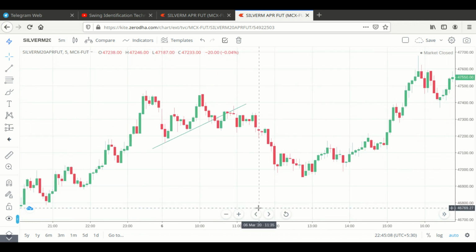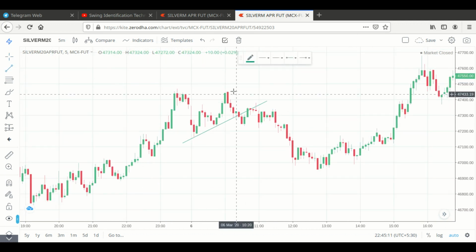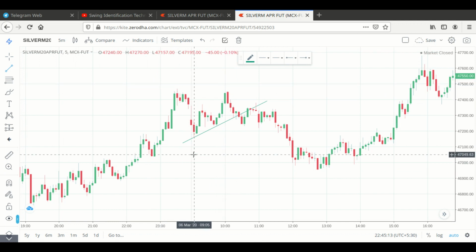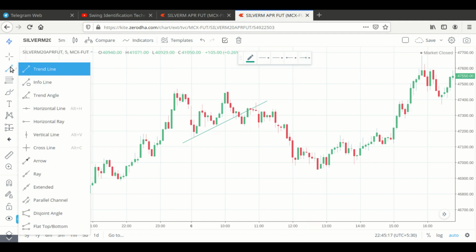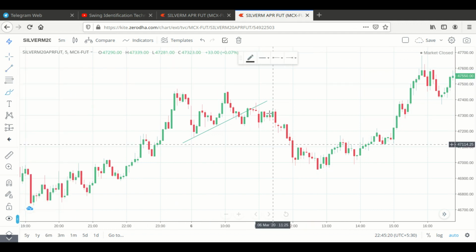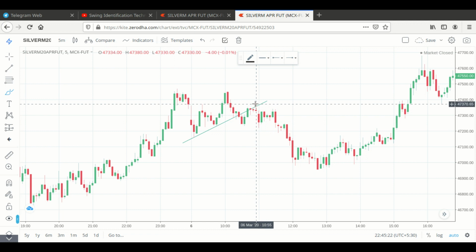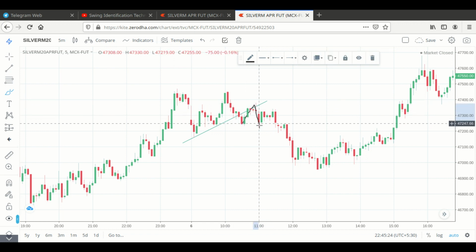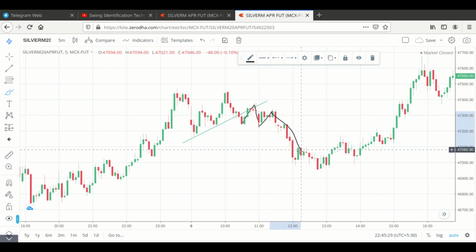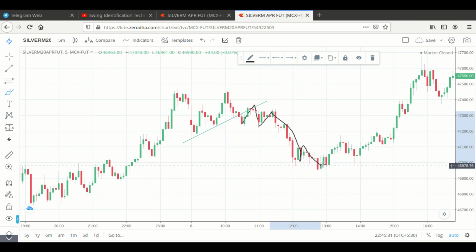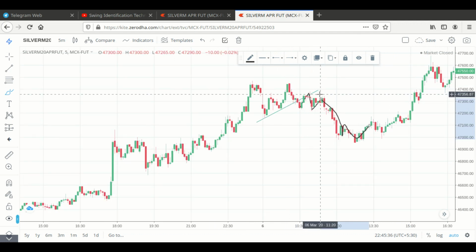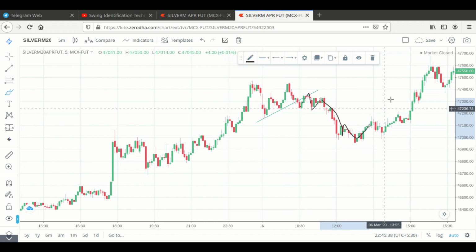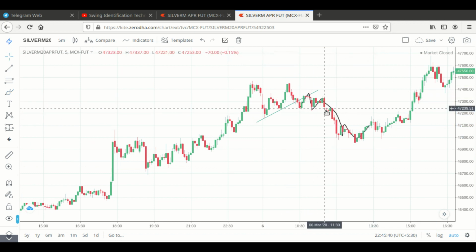Okay, so the next trend line that we can draw over here would be, now after this trend line break, what we are seeing over here is something like this, right? So it's making a lower high, lower low, lower high, lower low.